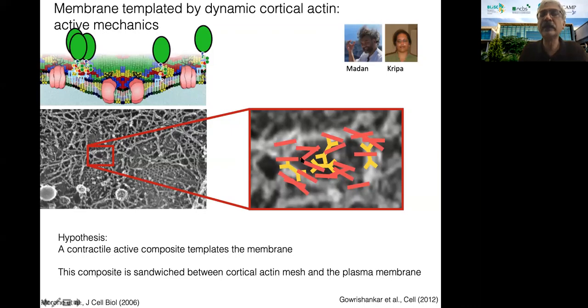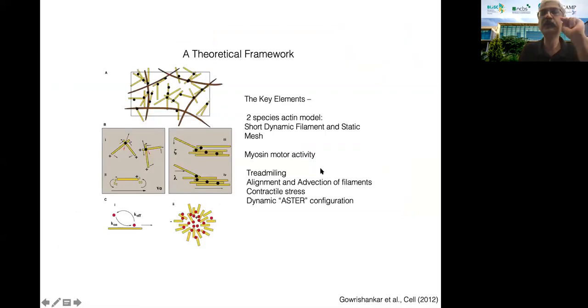And for that, all you need are two ingredients. Let me tell you what the two ingredients are. You need short dynamic filaments in the background of a static mesh. And you need myosin motor activity, which will, in principle, do all this.